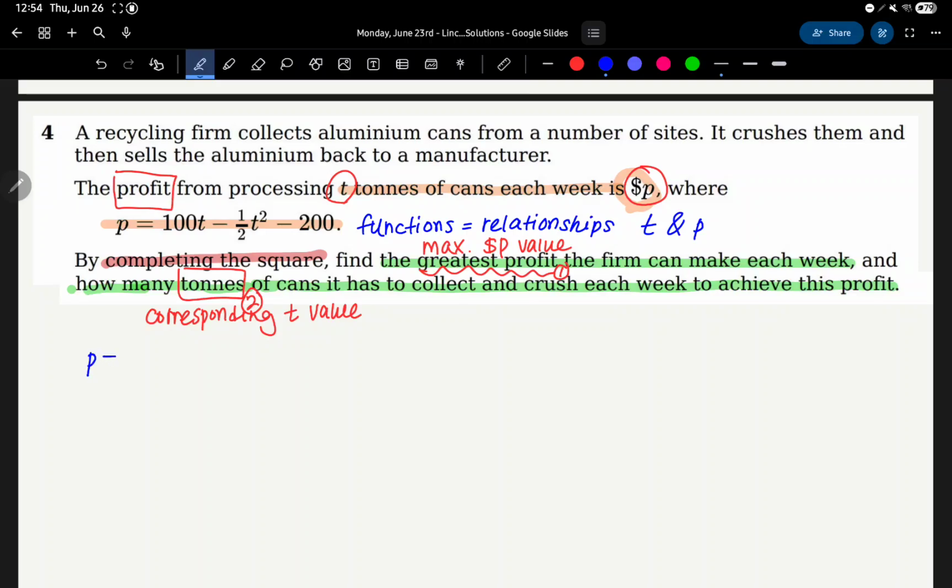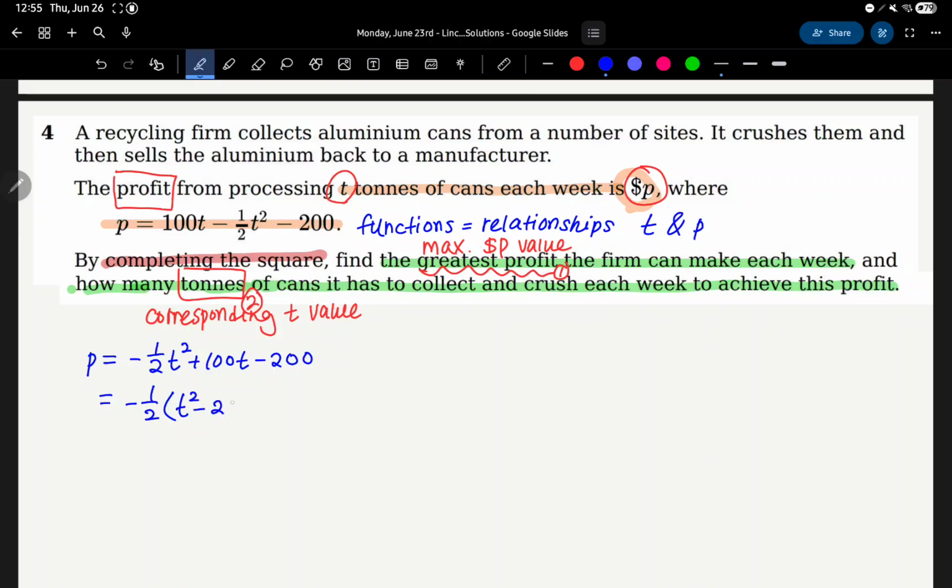So we have the function P equal to, I'm just going to rearrange it so that it looks like what we're used to: minus 1/2 t squared plus 100t minus 200. From here, what are we going to do? We're going to take out the minus 1/2.